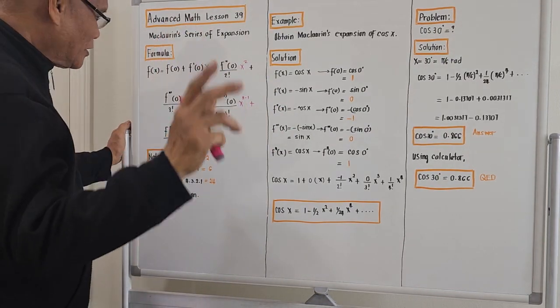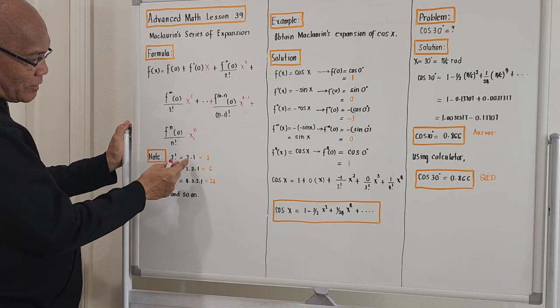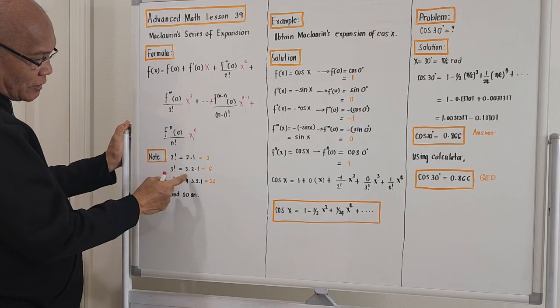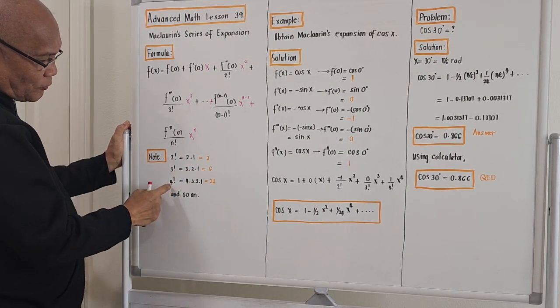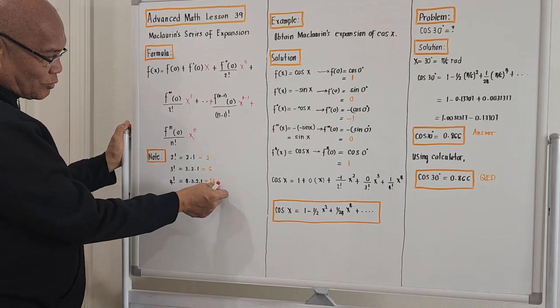I will place a note over here. 2 factorial is actually 2 times 1, which is 2. 3 factorial is 3 times 2 times 1, which is 6. And 4 factorial is 4 times 3 times 2 times 1, which is 24.